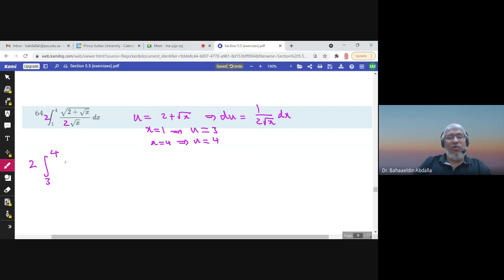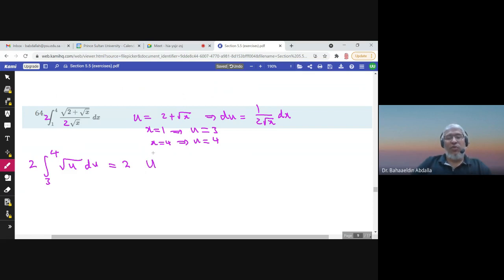I have square root of 2 plus the square root of x, which is u. 1 over 2 square root of x dx is du. This is u to the power half.